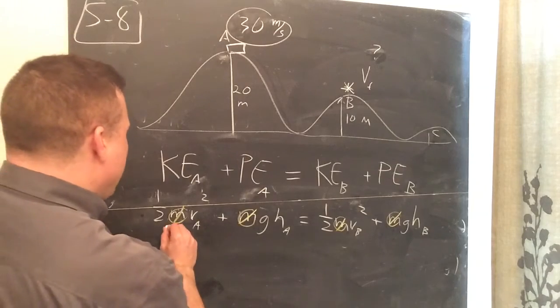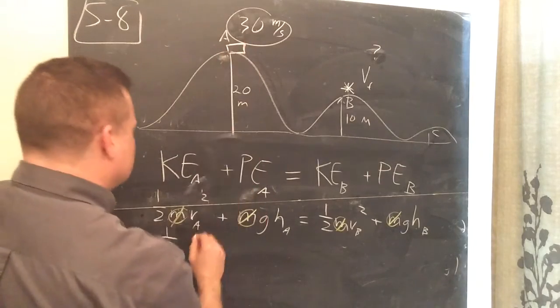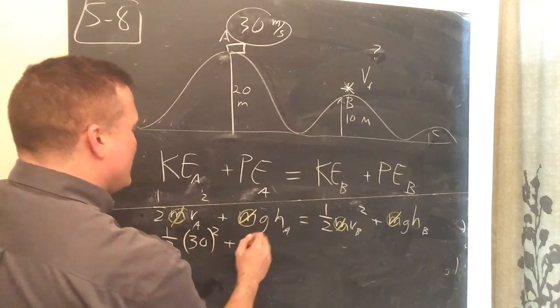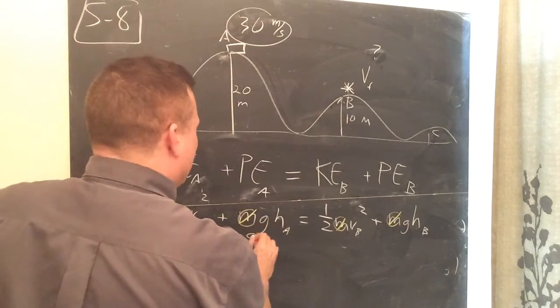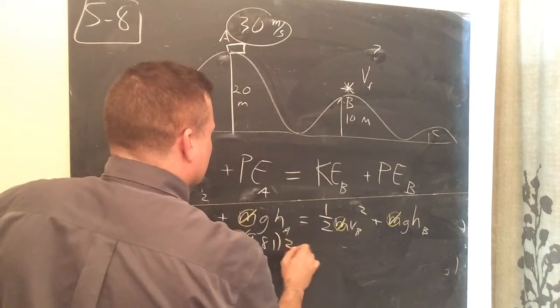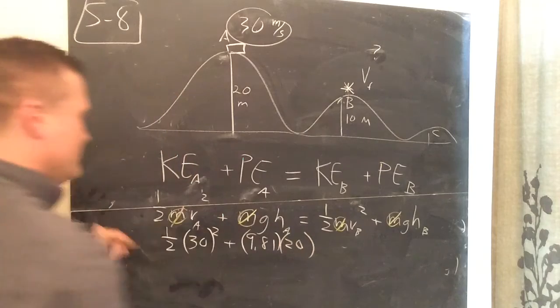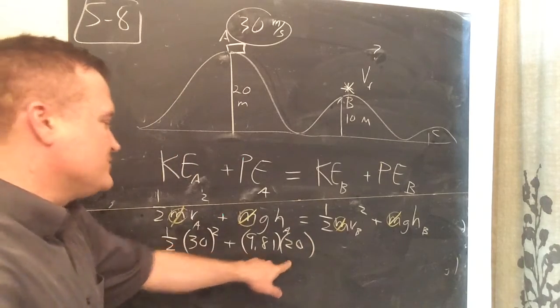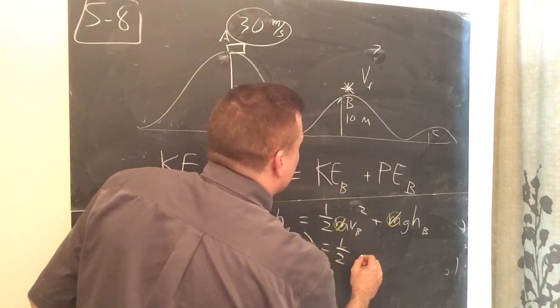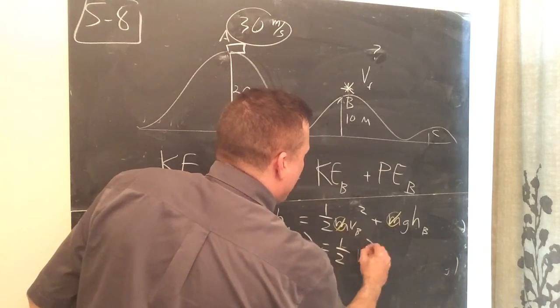So 1/2 times the initial velocity was 30 squared, 30 meters per second, plus gravity is 9.81, and the height here was 20 meters. All right, so 1/2 times 30 squared plus 9.81 times 20 equals 1/2 times whatever my final velocity squared is.